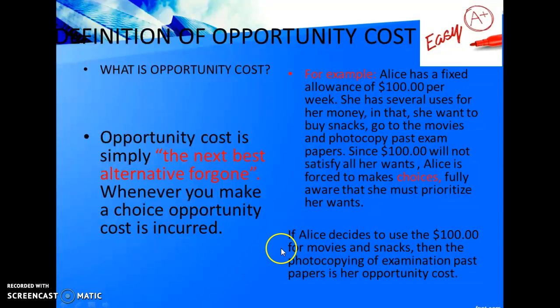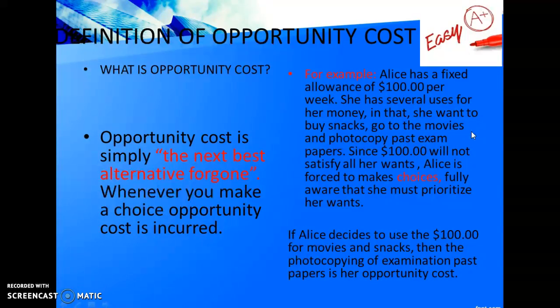For example, Alice has a fixed allowance of $100 per week. Her parents give her $100 per week for her allowance, right? She has several uses for her money, in that she wants to buy snacks, go to the movies, and photocopy past exam papers. Now, logically speaking, $100 cannot really do so many things in Alice's country.